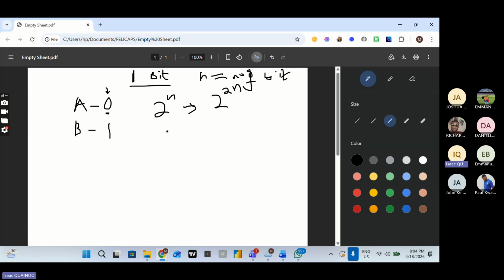Please, are we together? So this 2 raised to the power n tells us the number of input variables that we are going to use. And 2 raised to the power 2n tells us the number of rows that we are going to use in our truth table. So for instance, if you have a 1-bit comparator, in order to know the number of distinct input variables, we use 2 raised to the power 1, which gives 2.